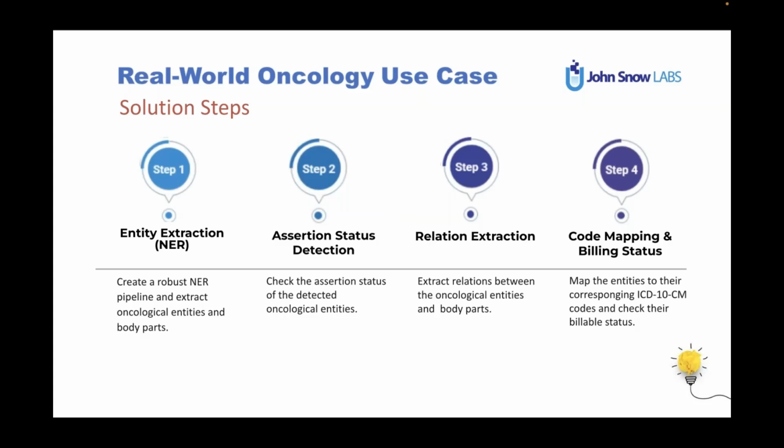According to that mapping, we may have the billable code at the end, right? So we need to extract the oncological entities while we also extract the body part entities, okay?